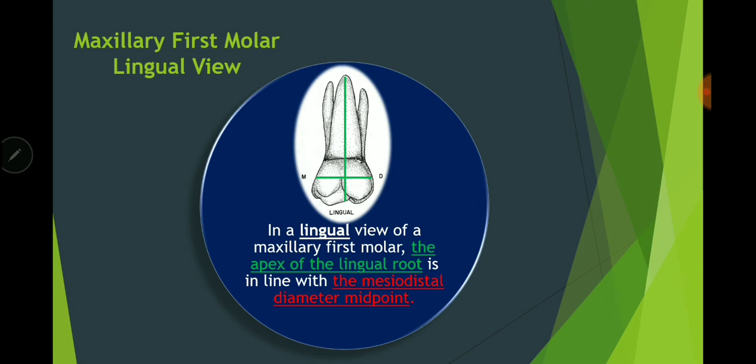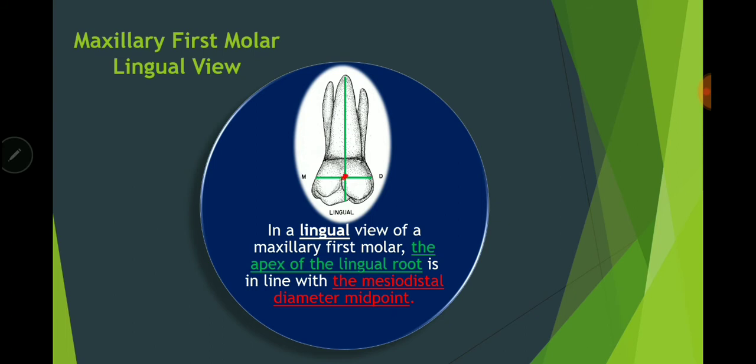Okay, so in the lingual view, the apex of the lingual root, meaning the palatal root, is in line with the mesial-distal diameter midpoint. All right. So you can see that the two lines almost meet.